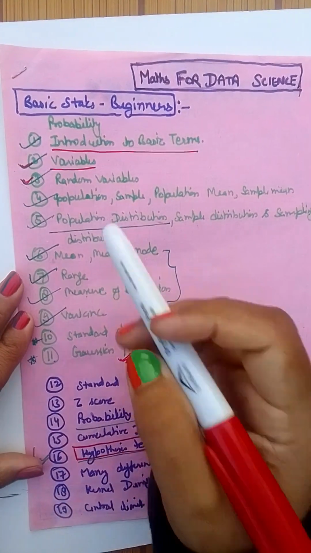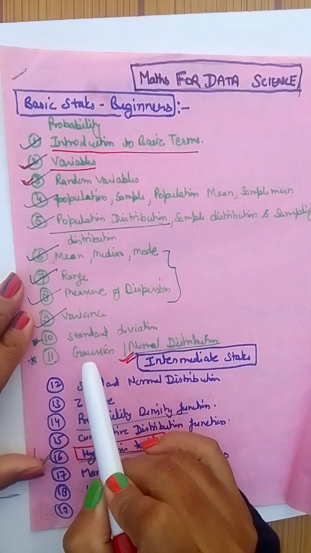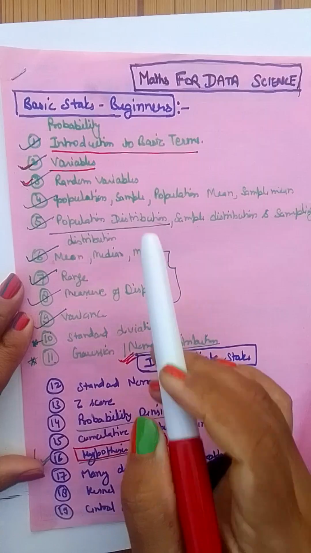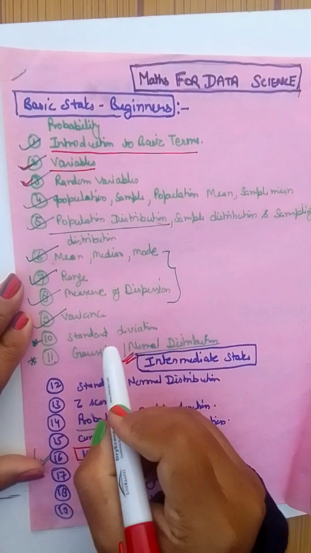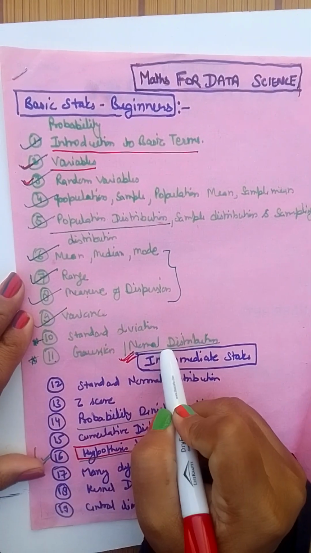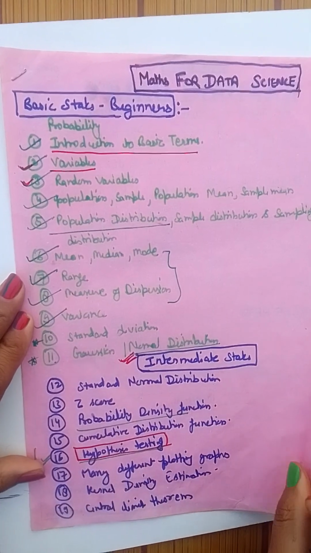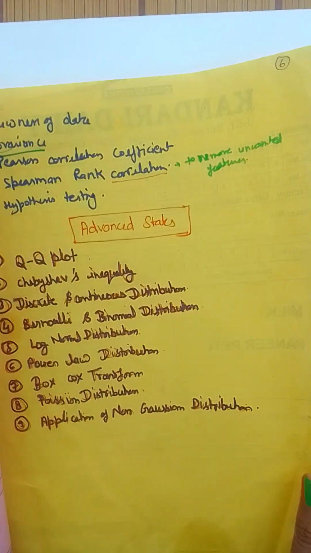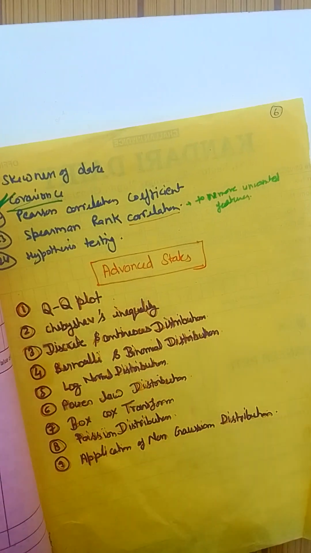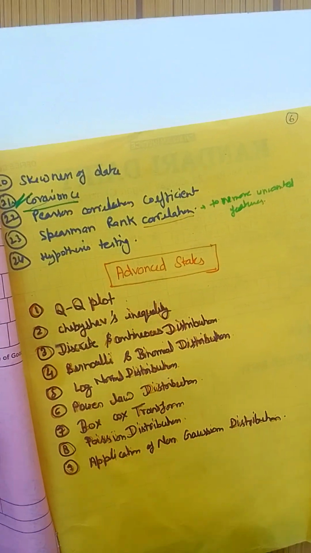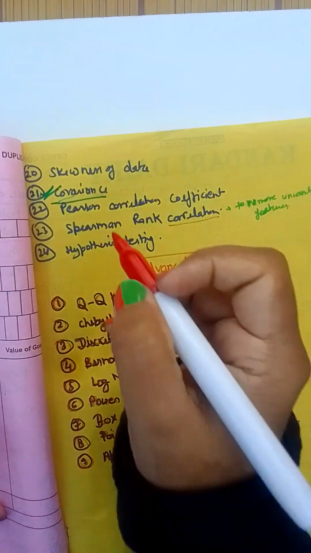Now standard deviation and Gaussian normal distribution, which come under basic statistics, these two terms I didn't teach you in my previous videos. Now what I am teaching you, the Spearman correlation coefficient and Kendall's correlation coefficient, are very important for learning data science.